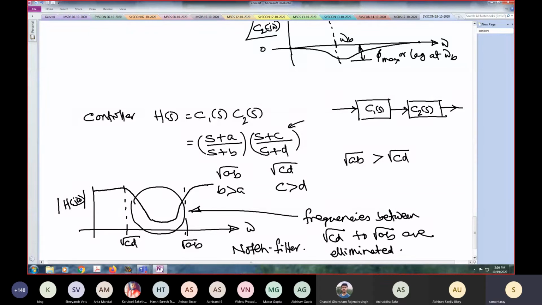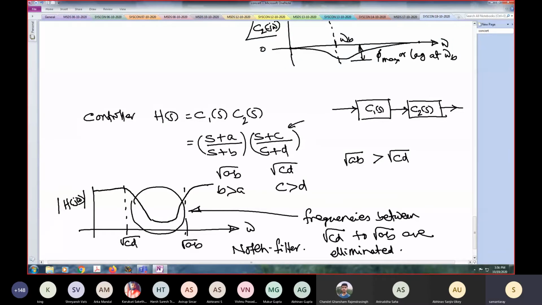So what we will do, we will put the square root AB and square root CD very close to each other, let's say square root AB is something like 51, square root CD is something like 49. Between that, whatever happens, that part will be eliminated. So we can filter our signal measurement by removing the extra spurious 50 hertz component. So that's how this notch filter is used.